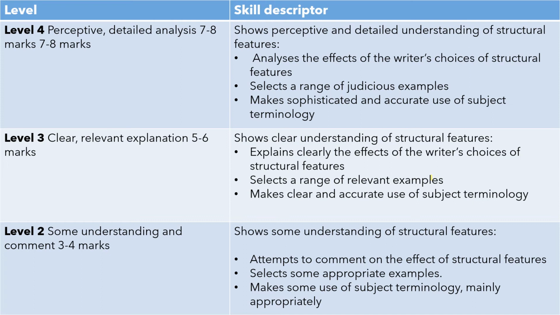The examiner will generally start at the bottom, and they use it like snakes and ladders. If you achieve the lower levels, then you'll move yourself up. This can be a little bit hard to understand when you look at it by yourself, because English examiners like to use quite sophisticated language even in the mark scheme, so it can be a little bit hard to break down, but we're going to have a go now.